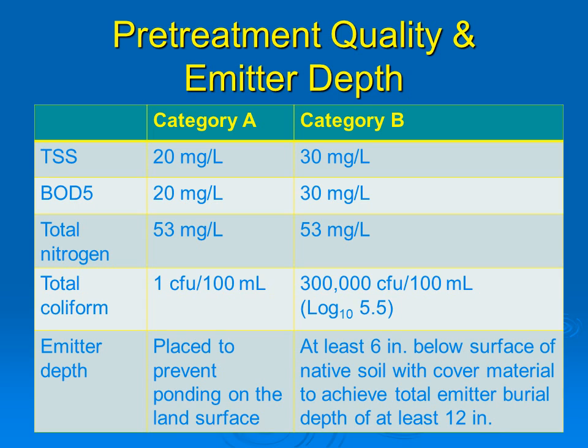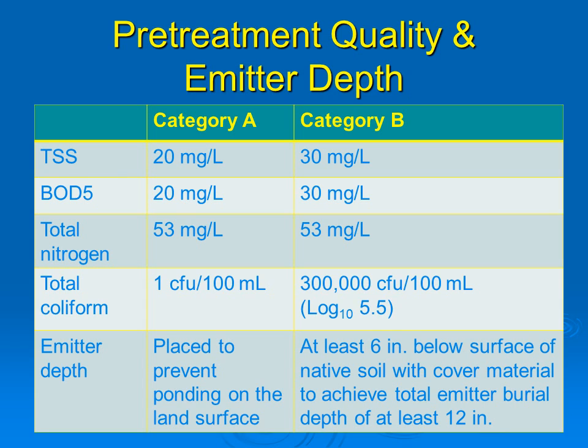The Arizona Code specifies that the treated wastewater that is delivered to the drip dispersal system used for final treatment and dispersal meet either a 20/20 or a 30/30 quality. That is, 20 milligrams per liter of TSS and 20 milligrams per liter of biochemical oxygen demand, or 30 milligrams per liter TSS and BOD5.